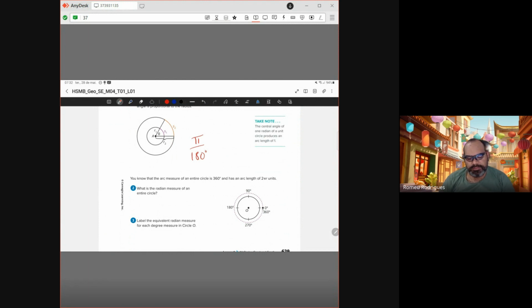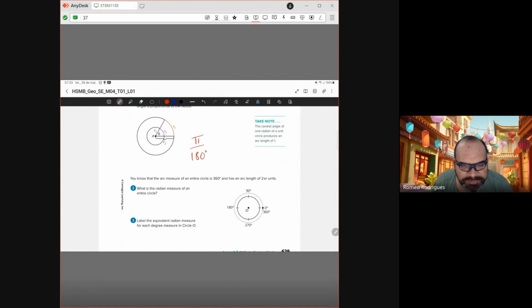And we just write here the angle we have, which is theta divided by, depends how many degrees you're talking about. Here, pi divided by 180. That's better. Let's go through this thing here.